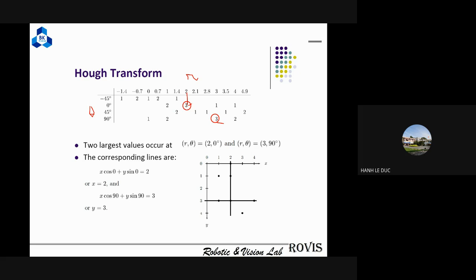So just replace this into the equation. From this equation, you calculate and you have this one. The remaining is the same. So you can rewrite it: this one is y equal to 3, and this one is x equal to 2.